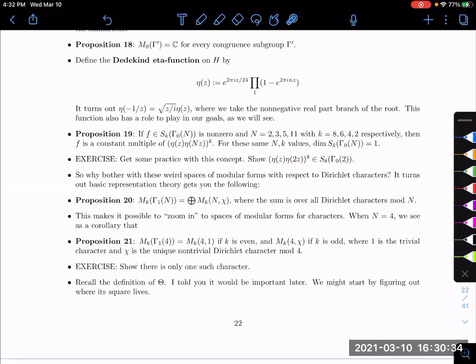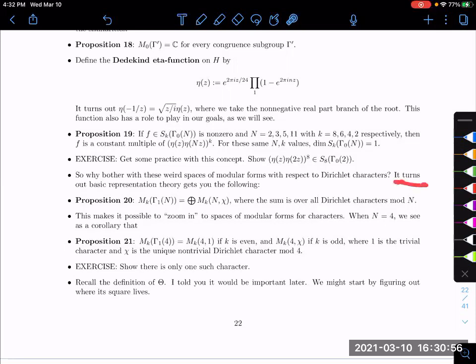Okay, you might be starting to come around to what I'm saying about modular forms for congruence subgroups. Maybe you don't quite buy into my definition of modular forms with respect to Dirichlet characters, though. I gave you some vague reason that it has to do with twisting coefficients, and maybe you're not convinced by that.